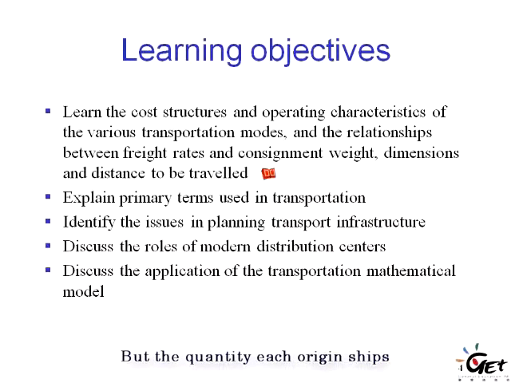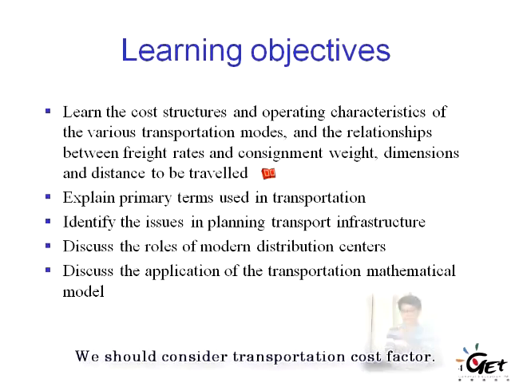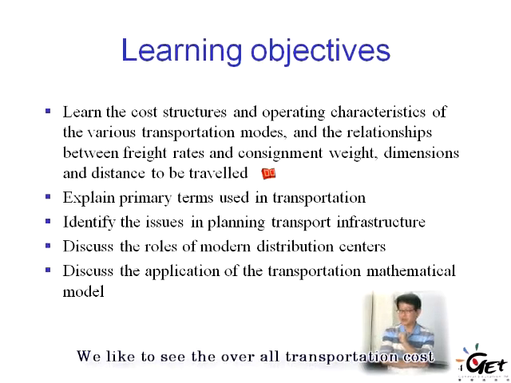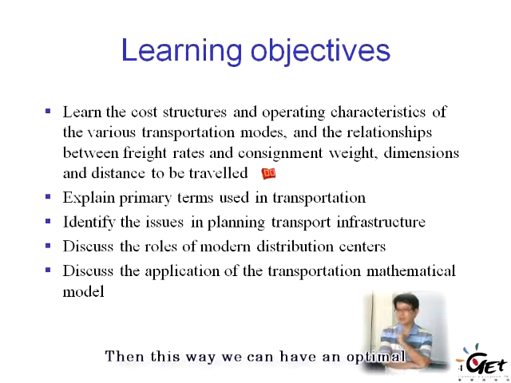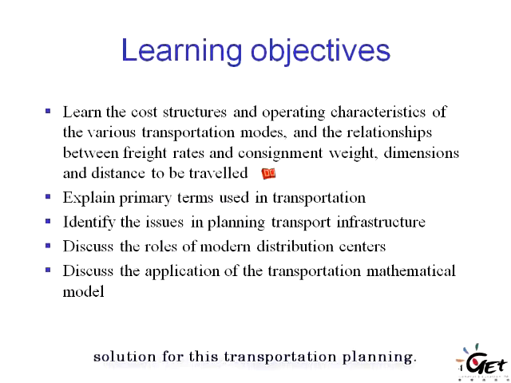But the quantity that each origin should ship to each destination should be determined, and we should consider the transportation cost factors. Right? We like to see the overall transportation cost minimized. In this way, we can have a very optimum solution for this transportation planning.